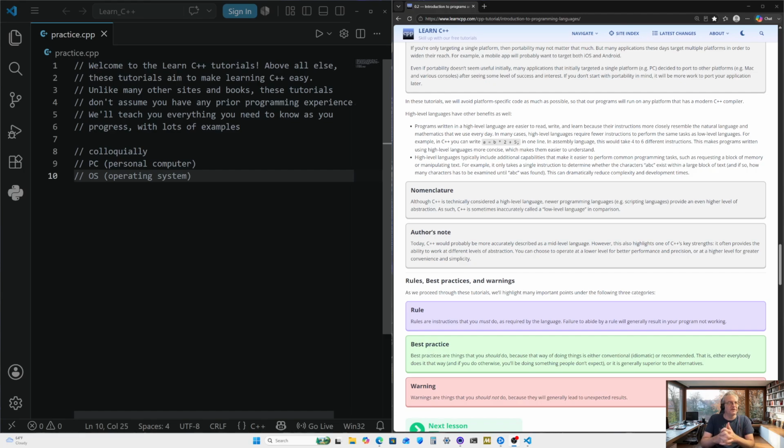although C++ is technically considered a high-level language, newer programming languages like scripting languages provide an even higher level of abstraction. As such, C++ is sometimes inaccurately called a low-level language in comparison.